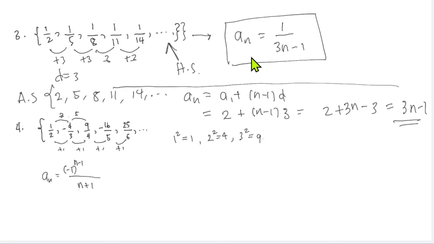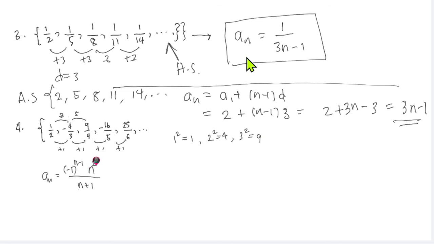Yes, that's the square of the position of the term. If it's the first term, you square 1. The second term, you square 2. The third term, you square 3. And so on and so forth. So it's the position n raised to 2.